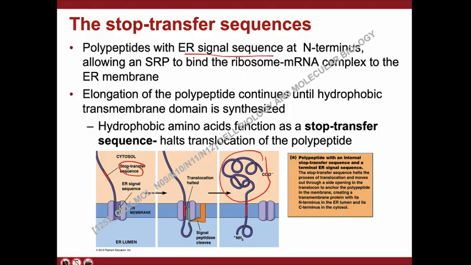So it will also stop its continuous entry into the ER lumen. But its elongation will still continue, only outside now. So the cytosolic end of the polypeptide will be, let's say, longer in this case, as compared to those in the ER lumen.